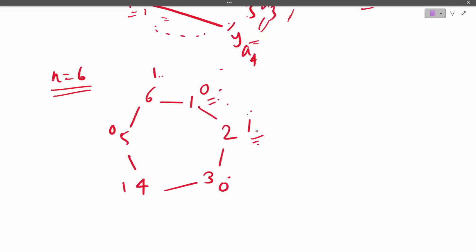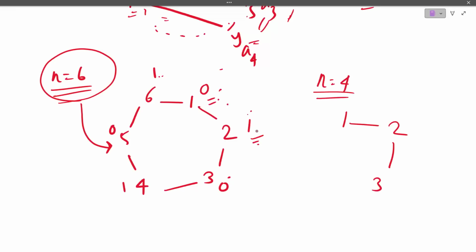So for an even length cycle, we can just color it alternately zero and one, and the labeling holds. This happens for any even length cycle. Consider n equals 4. You have a cycle like this, and you can again mark them as 0 1 0 1. And this is a valid coloring.